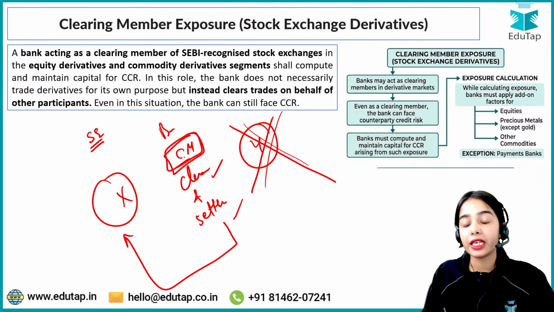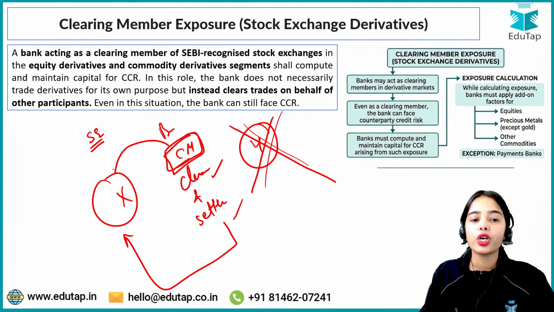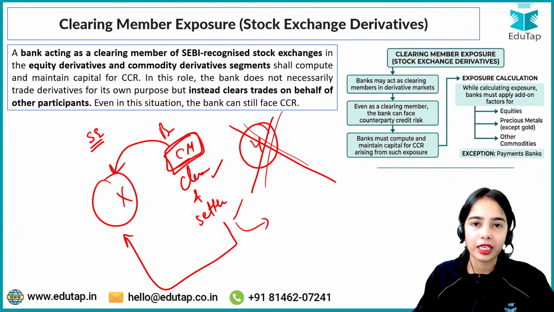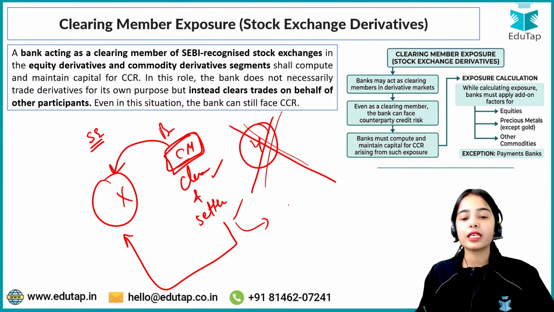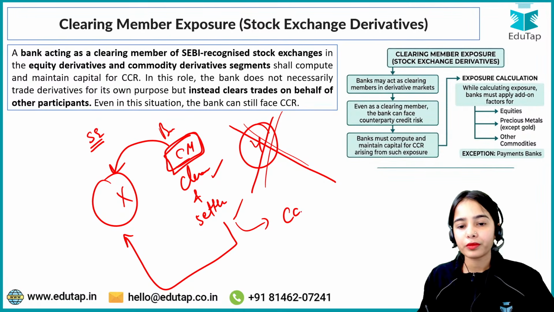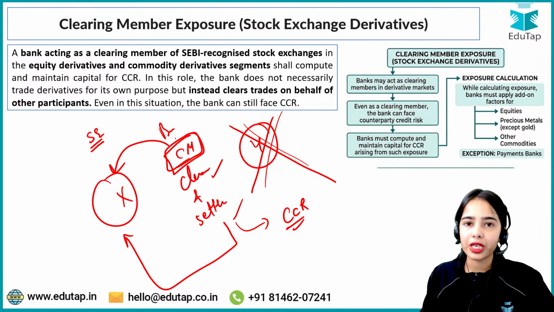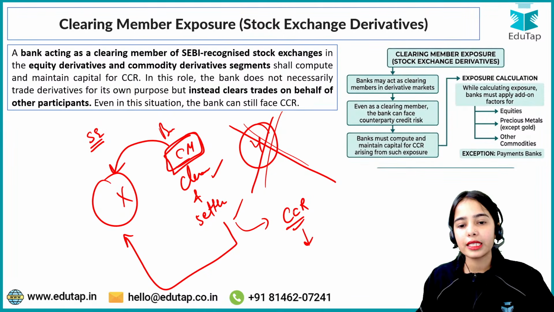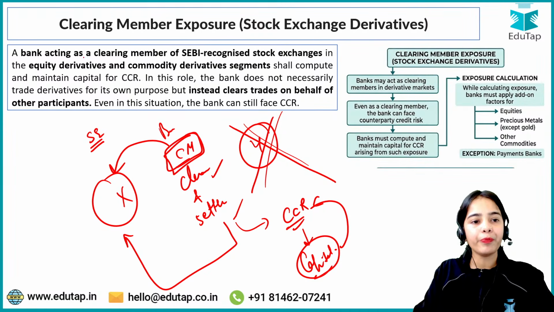The clearing member has the responsibility to complete the transaction. So in this case also there is counterparty credit risk that the bank can face if the other party defaults, and the bank has to maintain the capital against the risk-weighted asset. Okay, so this is the idea.